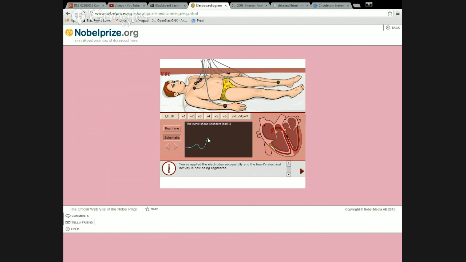But we hit the peak, and that's when things are completely depolarized everywhere in the ventricles. The QRS complex has this little funny shape at the end because of what's happening on the left side. And that's what we would see in an EKG, telling us that there's a problem with one of the ventricles.